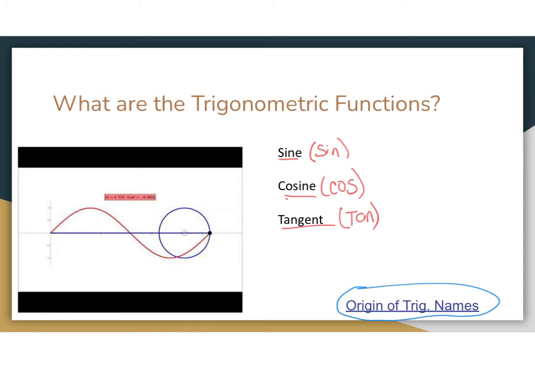They basically make sense, but it was written in a different language, so that's why they're so weird to us. But they're basically just like trigonometry, meaning triangles and measures. Sine, cosine, and tangent deal with the same thing. So you really don't need to know that. This is just a fun fact if you're interested.